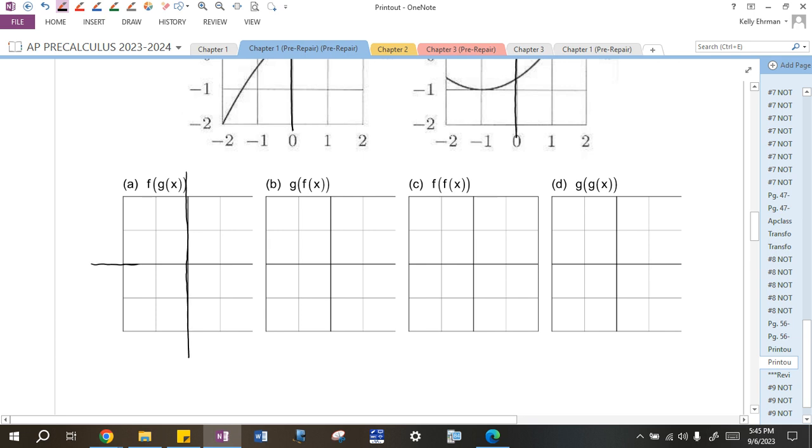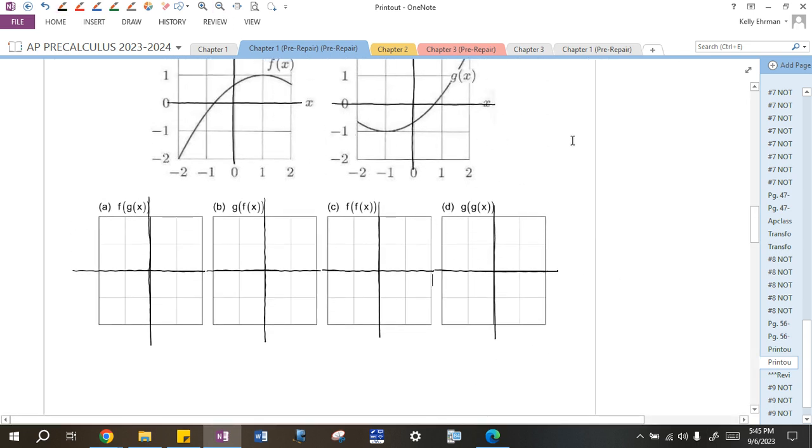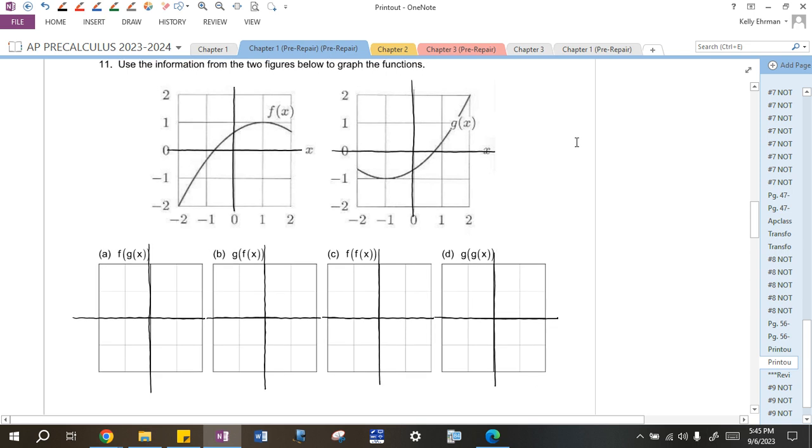And I'm going to zoom mine out a little bit so that I can see the graphs and make a table of points. Now, I am a person who cannot keep track of too many numbers in my head, so some of you might be able to do this without writing a ton down, but I would suggest writing things for the first few. So what am I talking about?